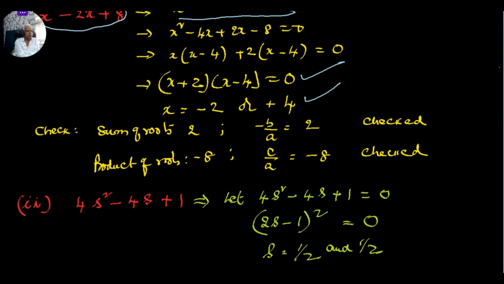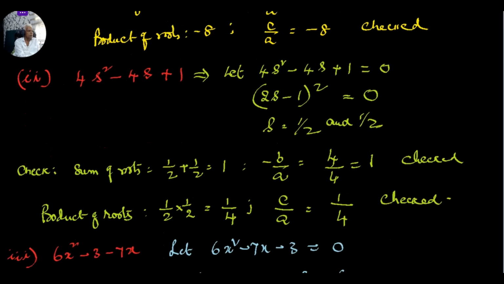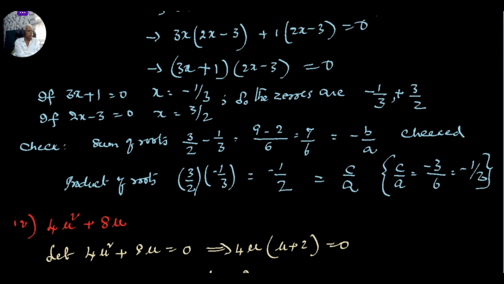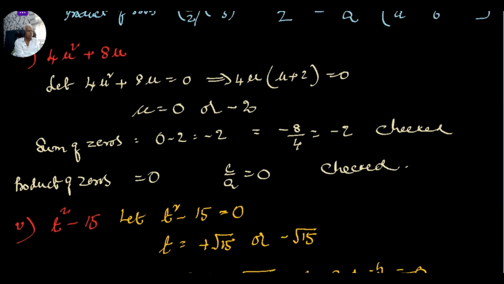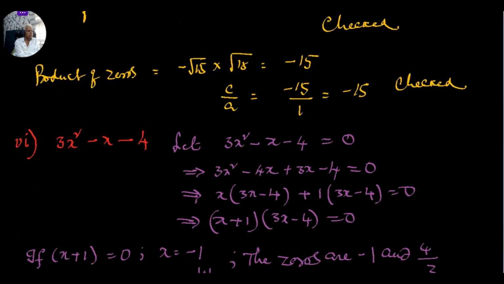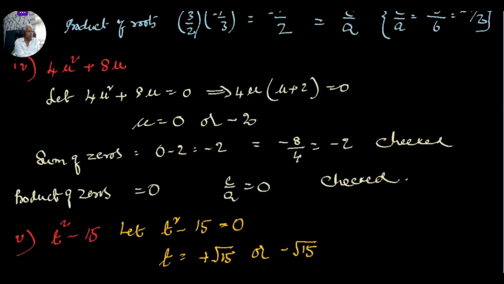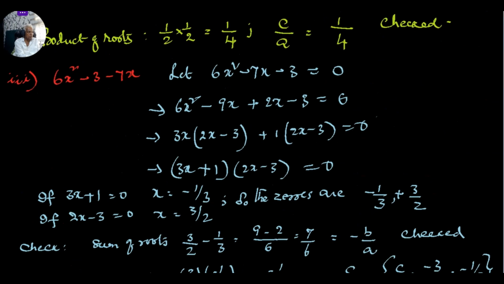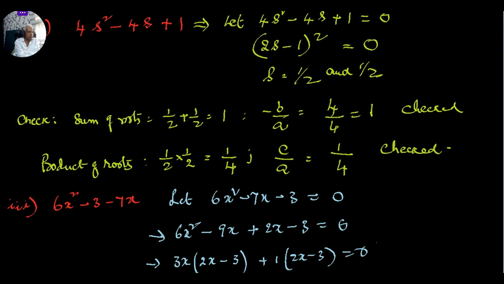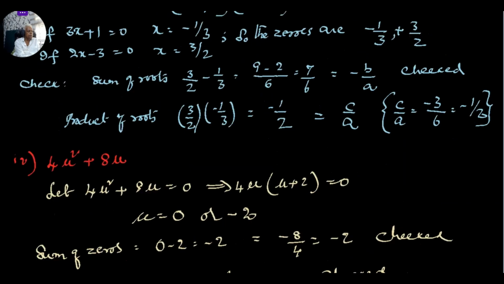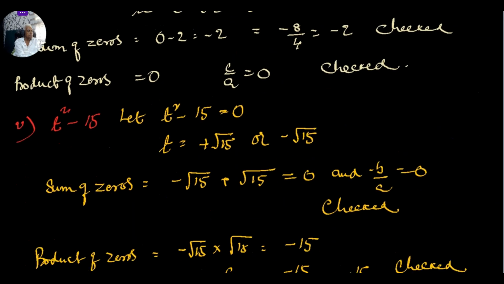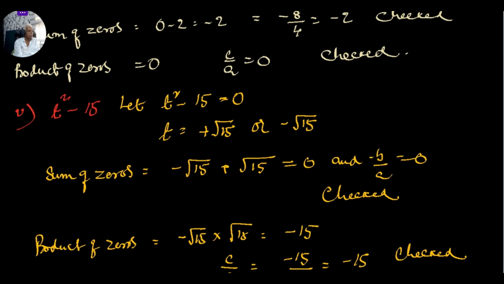There are 6 sub-problems here. The most confusing thing here, children, is that they have to compare this to ax square plus bx plus c, and there should not be 0 here.